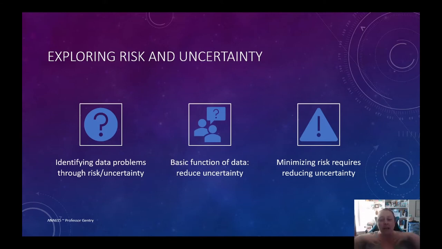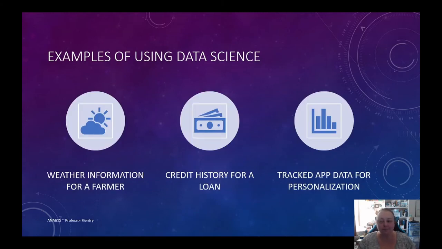Data is then applied to solve those real world problems by reducing that uncertainty and therefore the risk. That is going to allow for better decision making. What we want to do is to narrow things down to get the best possible outcome while also minimizing the chance of a bad outcome.